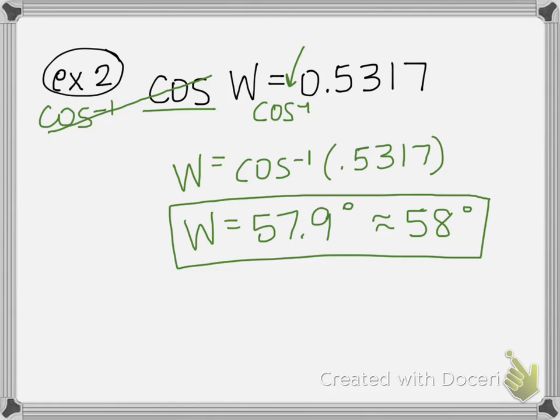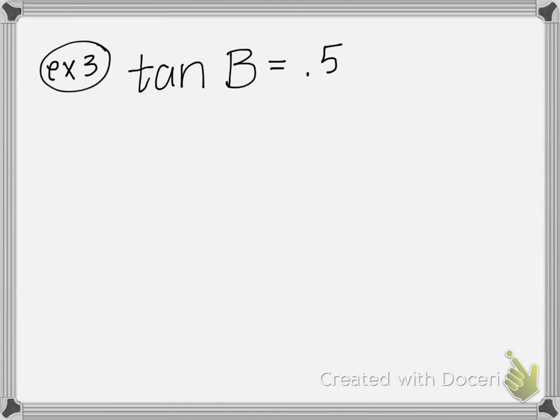So, another example. Say we're given tangent of B is 0.5878. Well, our trig function is tangent, so we're going to use tangent inverse of both sides.